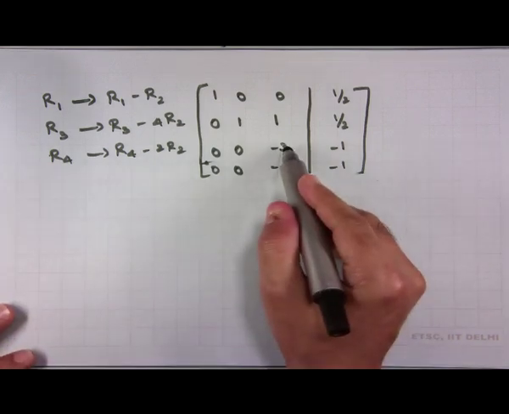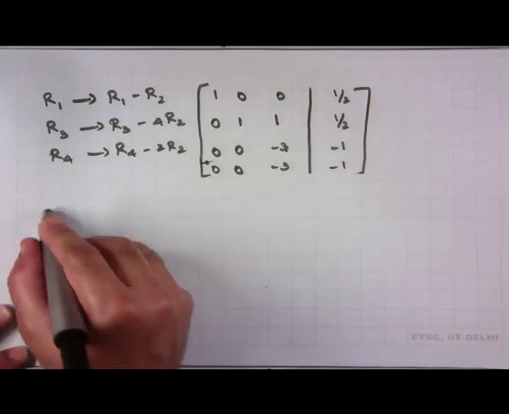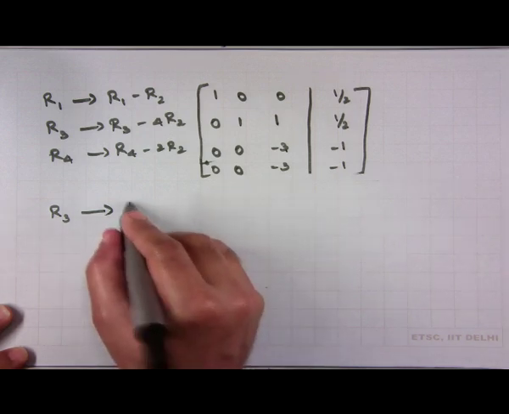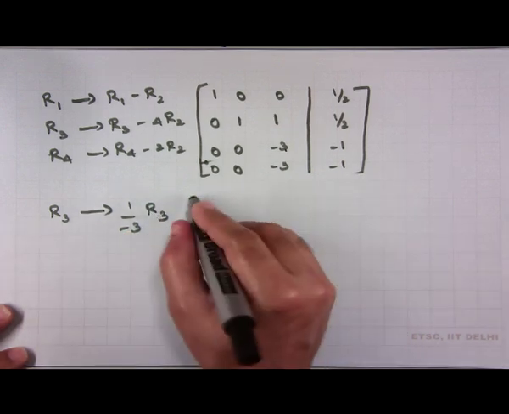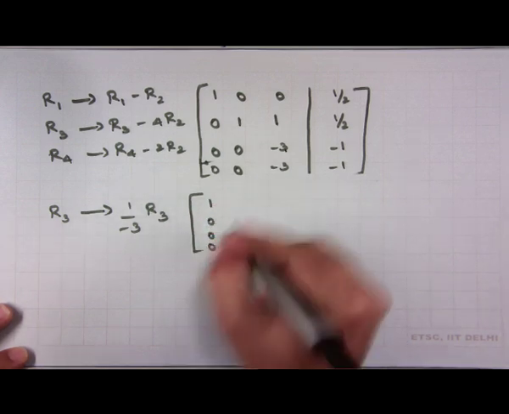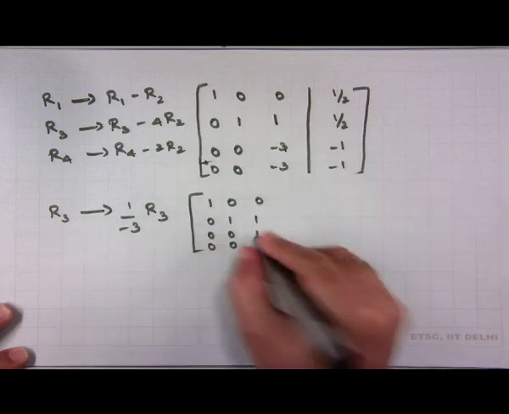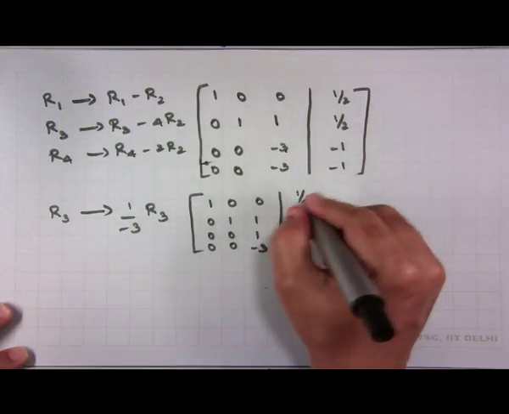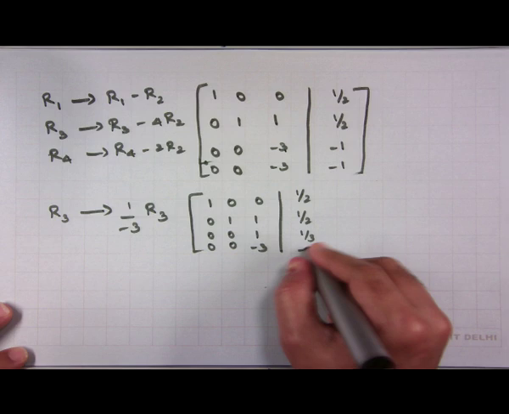Let us convert this minus 3 into 1. R3 is replaced by 1 by minus 3 times R3. So, you have 1 0 0 0, 0 1 0 0, 0 1 1 minus 3, and then half, half, 1 by 3, minus 1.